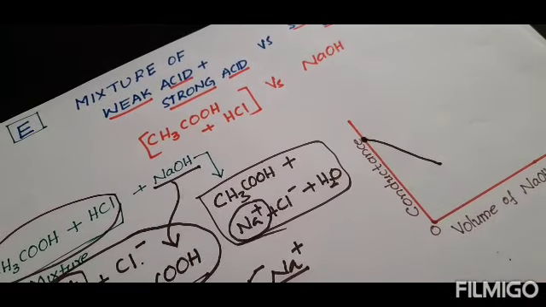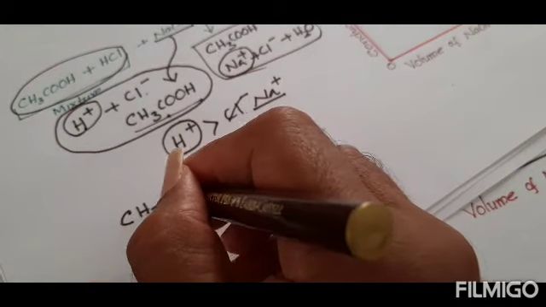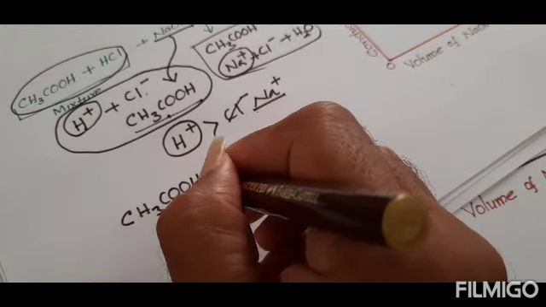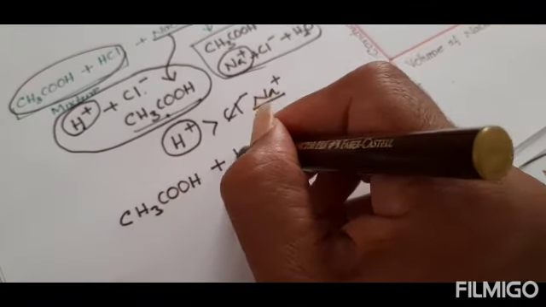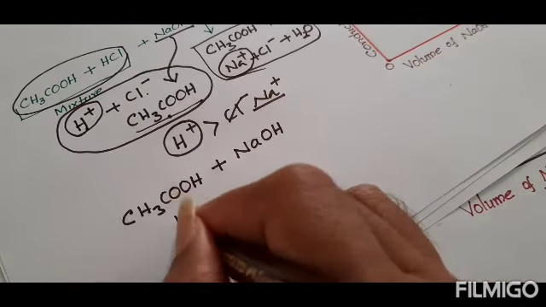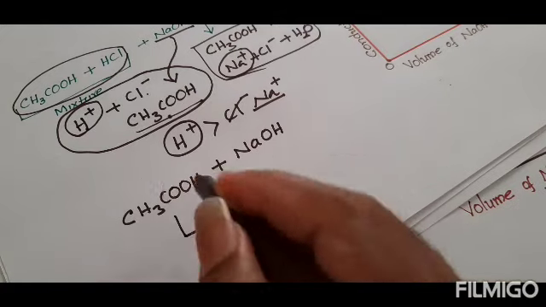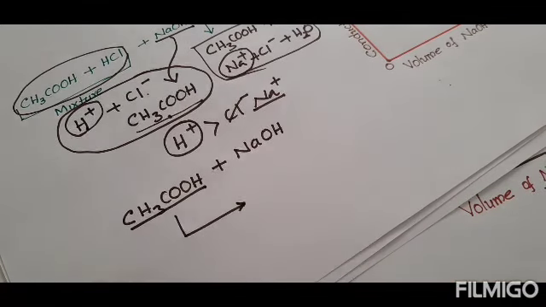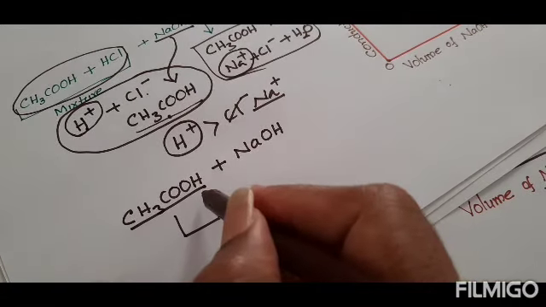Then now you have CH3COOH, and all the HCl is consumed. To that you are going to add NaOH. Acetic acid is a weak electrolyte, so there is no conductance, or a weak conductance.